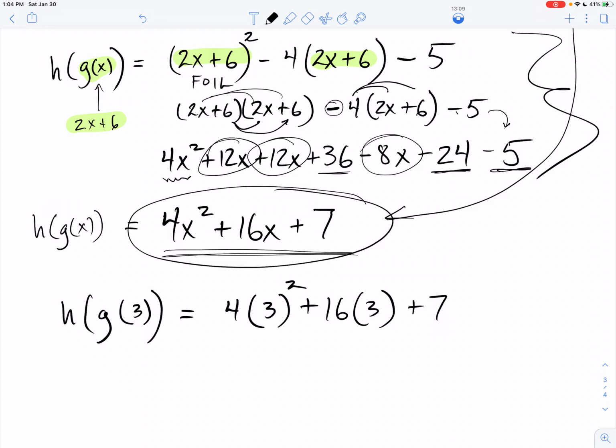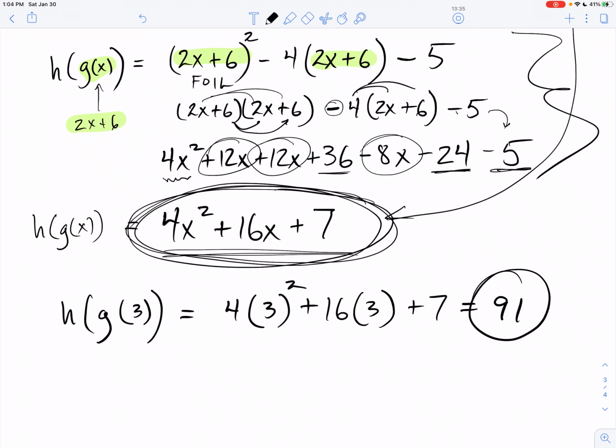I already talked about this in the last lesson. I just have to punch it in correctly to my calculator, which knows how to do the order of operations. I hit equals, and it tells me the answer is 91. When you plug 3 into h of g of x, you will get an answer.